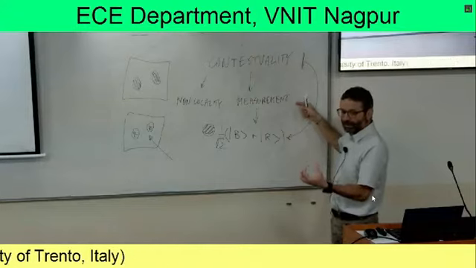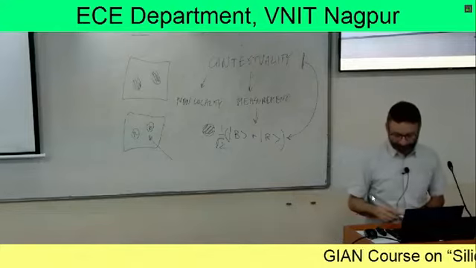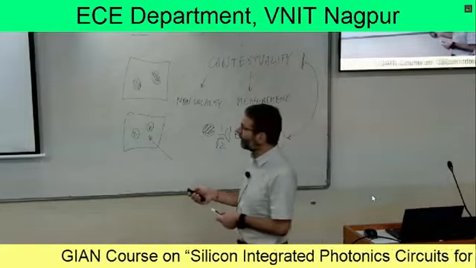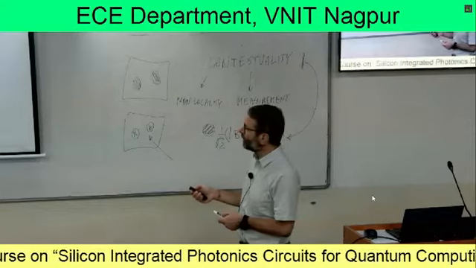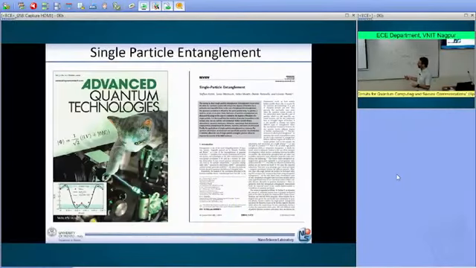With the measurements, I force the collapse of the wave function. What we did in the past, and I will talk about that tomorrow, is that we are also able to produce quantum correlation, so entanglement, not with two different particles, one red and one blue, but within a single particle.